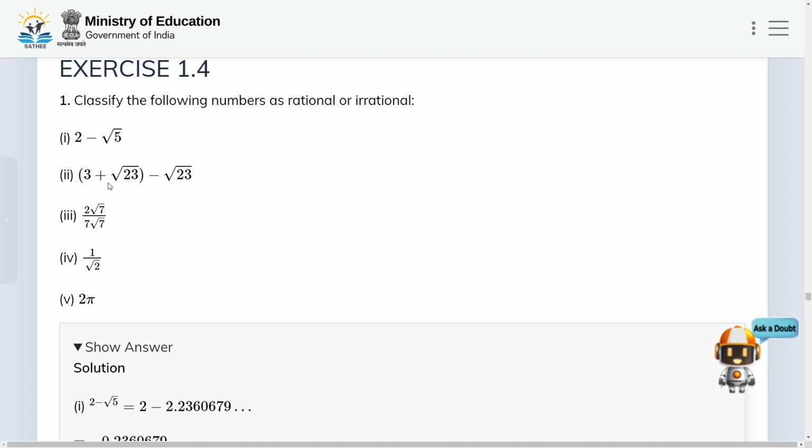The fourth one, 1 by root 2, is an irrational number, and 2 pi is an irrational number. So among these, this is irrational, this is irrational, and this is irrational, and this number and this number are rational numbers. Now let us move to the next problem.